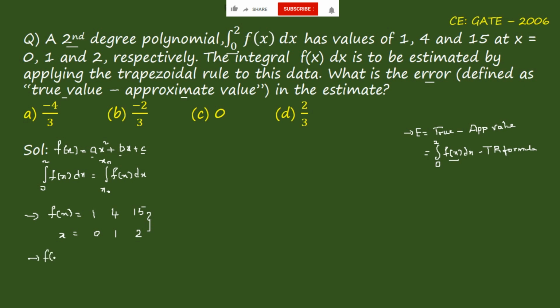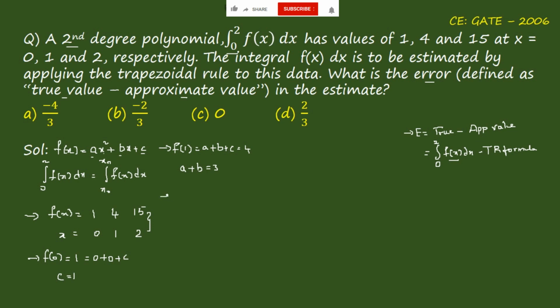If you consider f(0), which is equal to 1: x is 0 here, so it becomes 0 plus 0 plus c, and we get c equal to 1. Again going to the second one, f(1) equals a plus b plus c, which is 4. We know c is 1, so we get a plus b equal to 3.